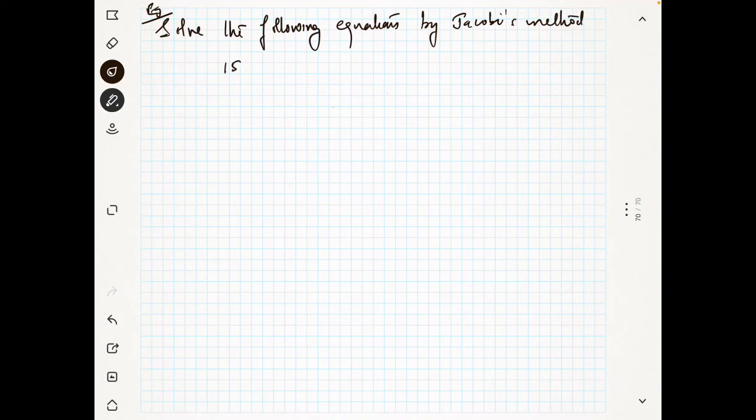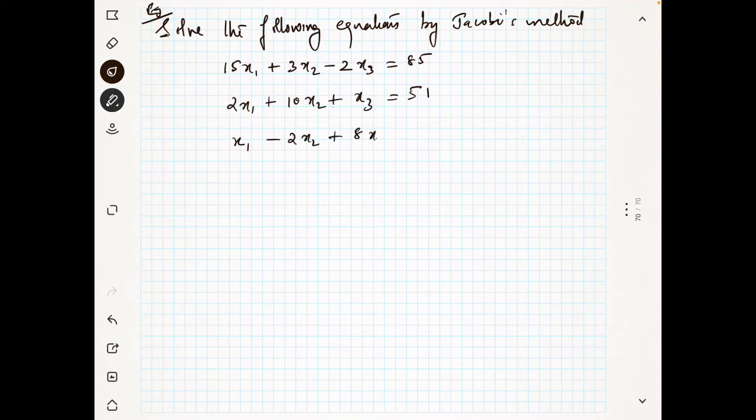What is the equation? 15x1 plus 3x2 minus 2x3 is equal to 85, and this is 2x1 plus 10x2 plus x3 is equal to 51, and this is x1 minus 2x2 plus 8x3 is equal to 5, okay.